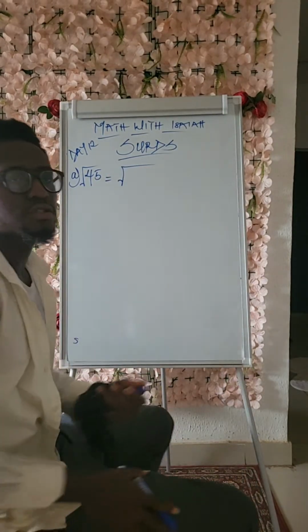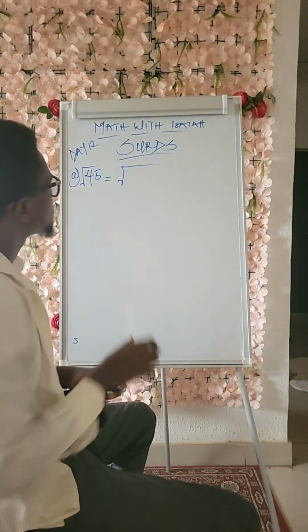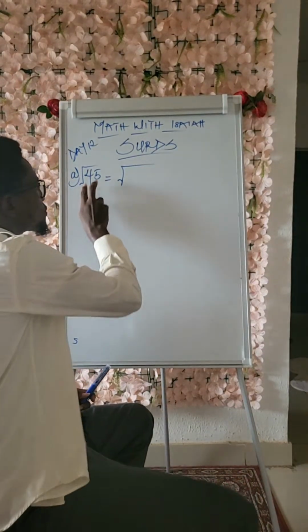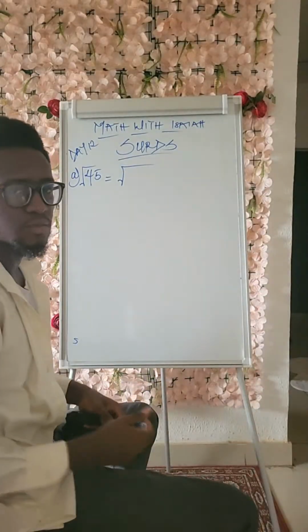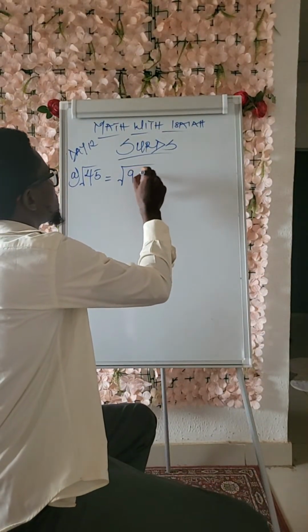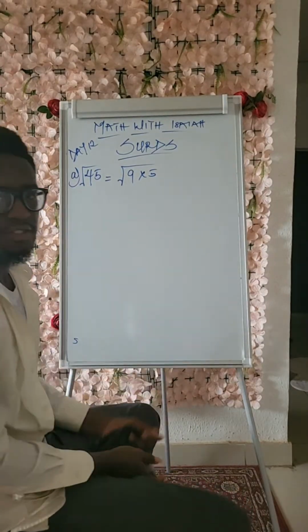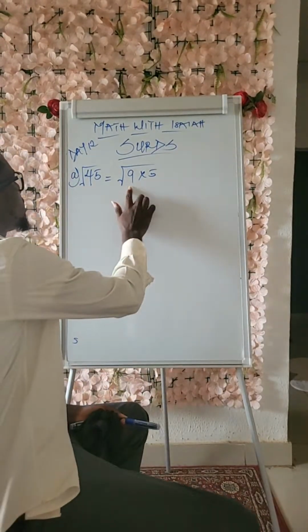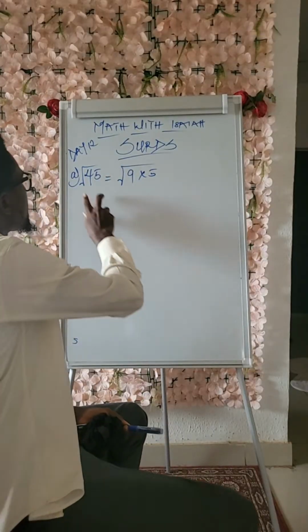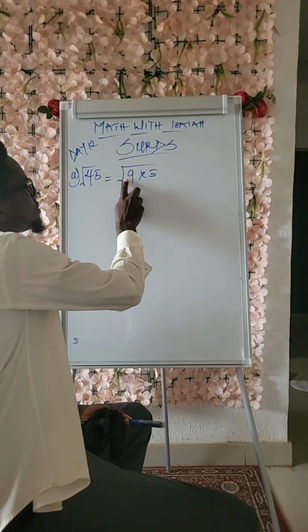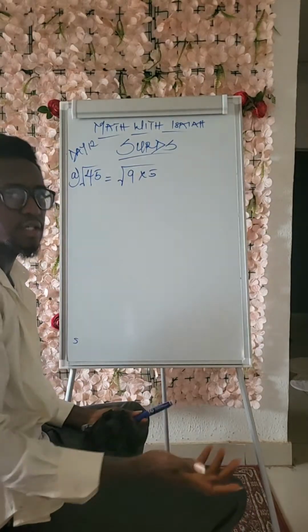Let's do it in such a way that we have one perfect square here and another random number. For instance, the square root of 9 times 5. What's 9 times 5? It's still 45, right? Now, the square root of 9 is 3.